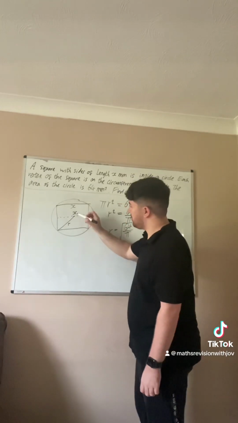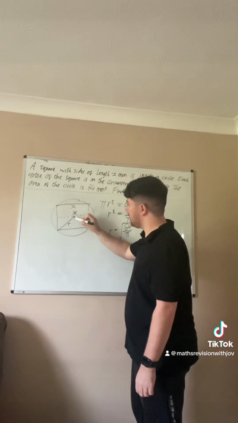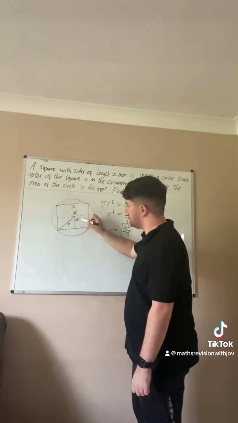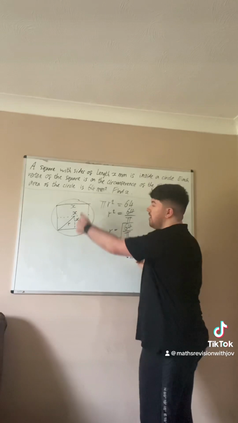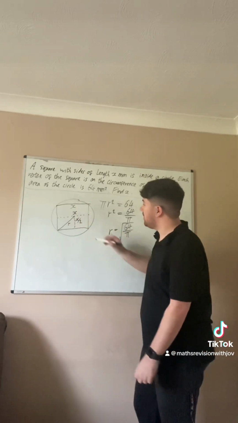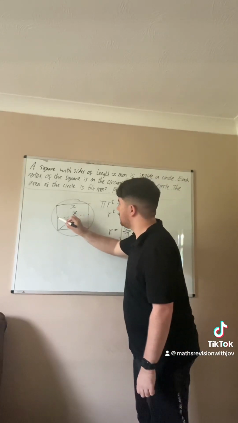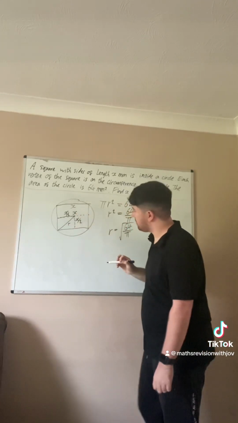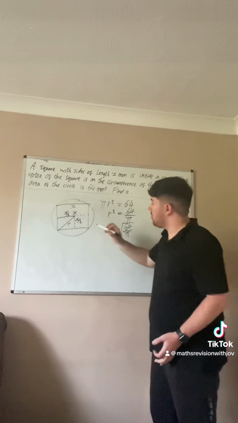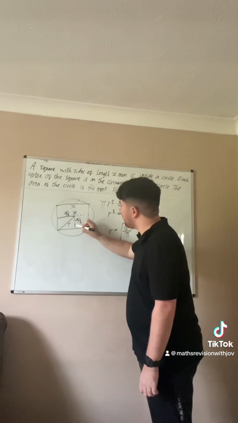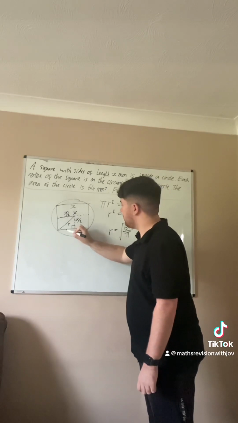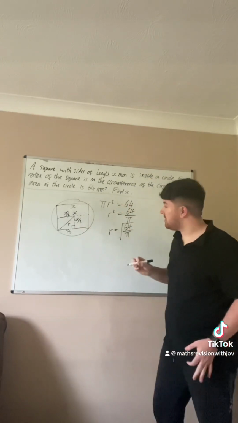We can also draw a line down from the middle of the square and say that is x over 2 because we're just taking half of the length of the square, which means that this little bit here must also be x over 2. Now we can notice that we have a right angle here, and this can also be called x over 2, just to see where we're going with this.